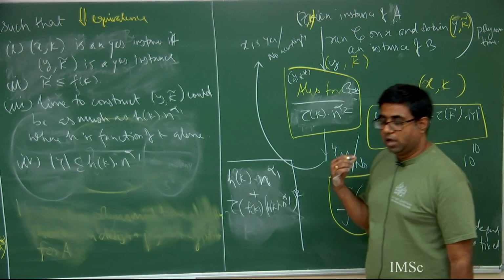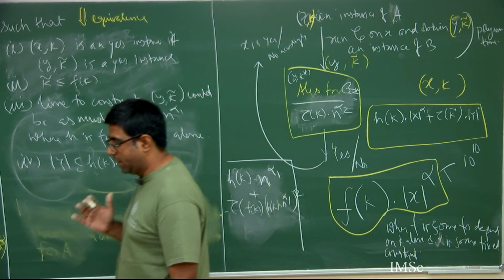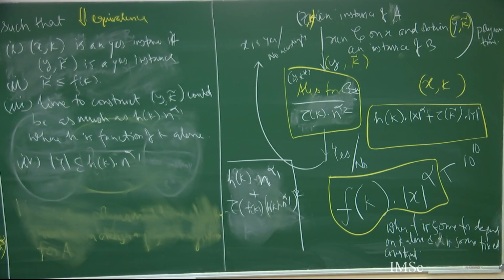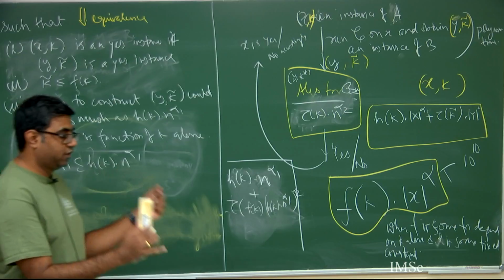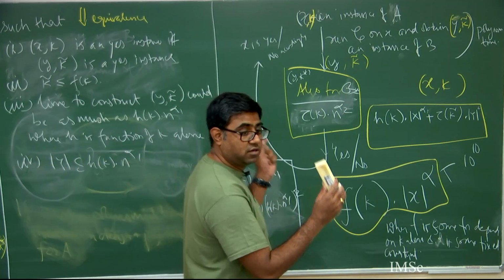So where we differ from NP hardness or NP completeness reductions is that we are allowed to have much more time, as much time as parameterized complexity allows, because all you are trying to say is that if we have such an algorithm, then we can design such an algorithm.